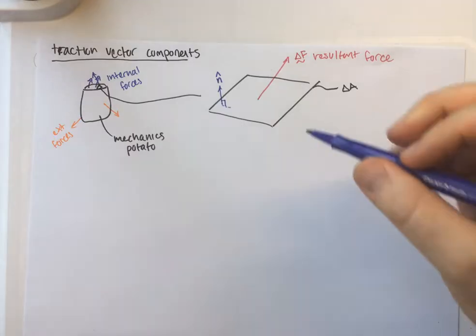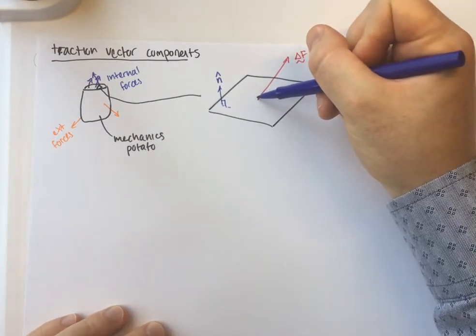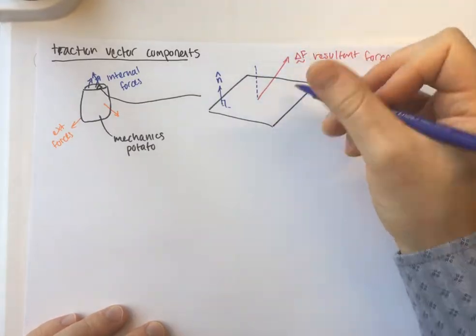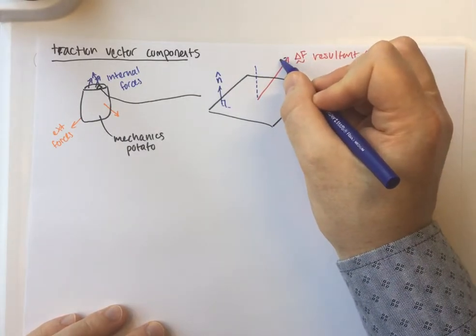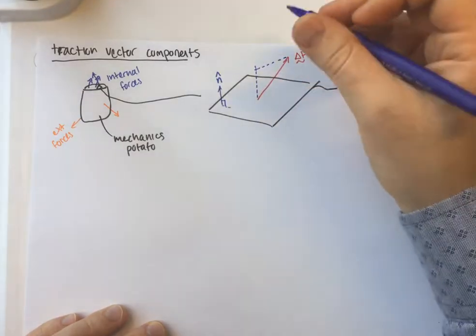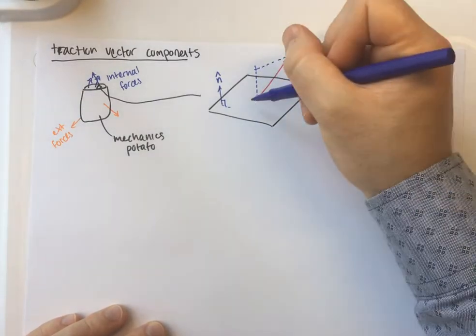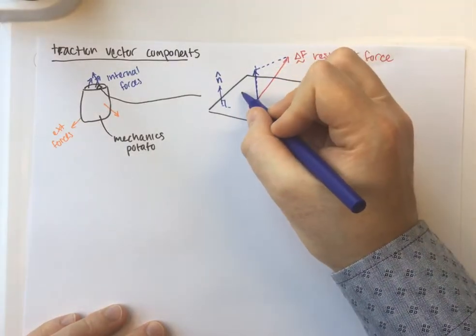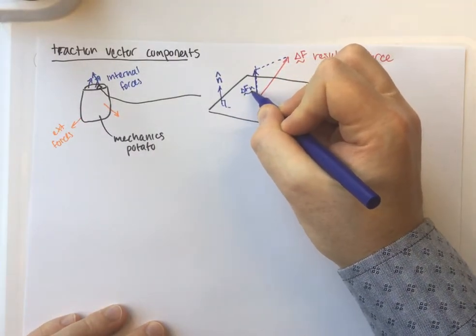And what we're going to do is define those components. So you can imagine this is in the direction of n, and we can project our resultant force back. And this component here, we're going to call delta Fn, n for normal.